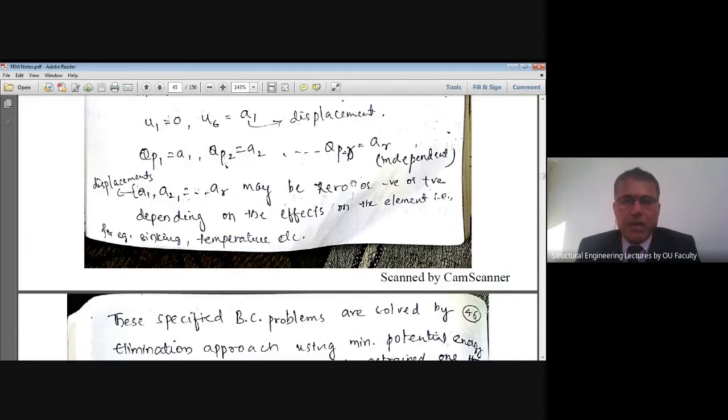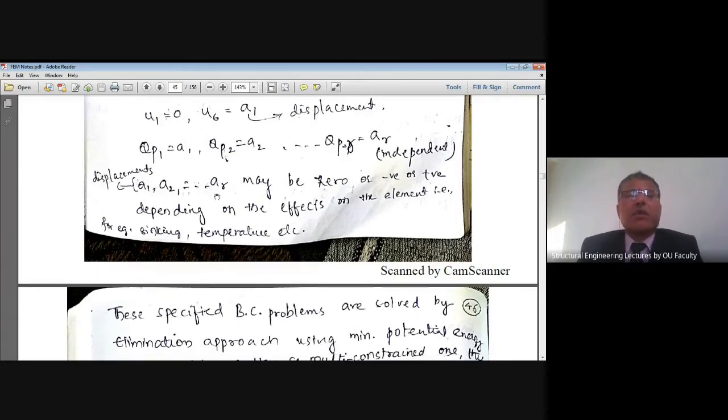A1 to AR may be 0, negative, or positive, keeping in view the effect of the elements. That all depends upon sinking of supports or temperature loads, etc.